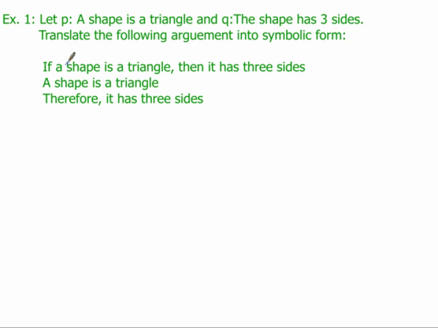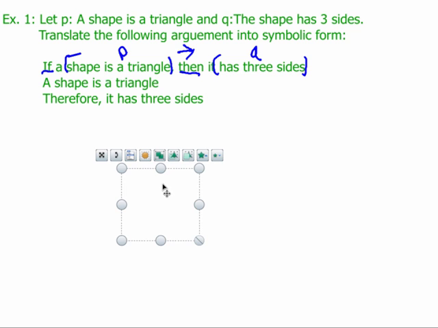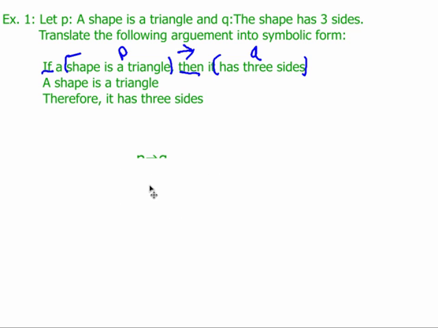Well, a shape is a triangle, that's P. Having 3 sides, that's Q. And I've got if and then, which I know is represented by an arrow. So that first line can just be represented as P arrow Q. If P, then Q.